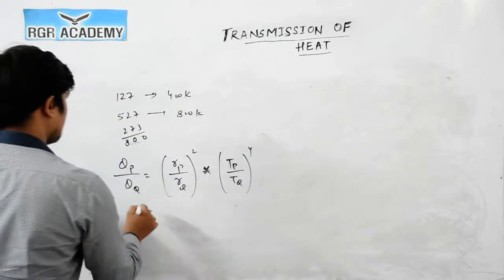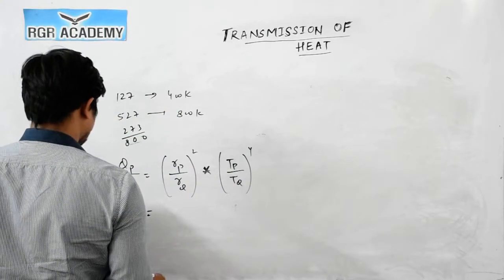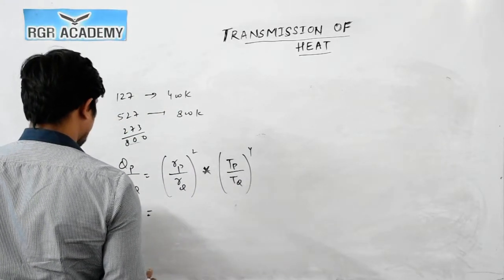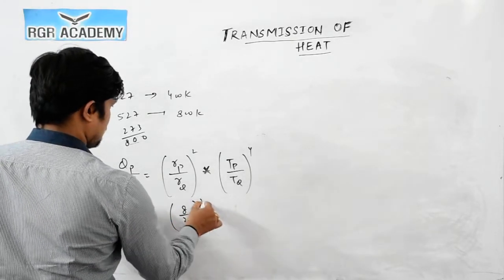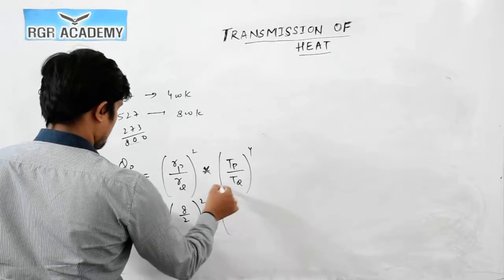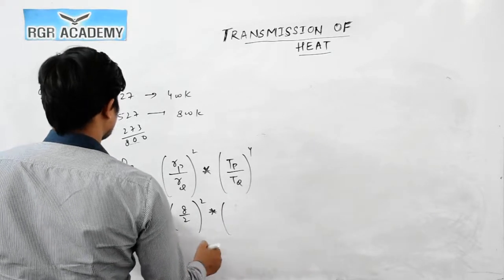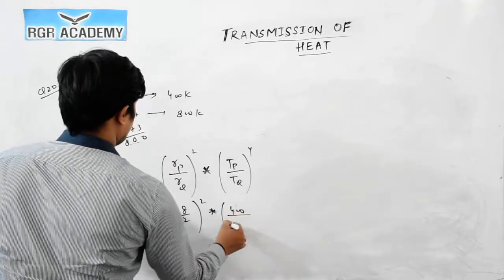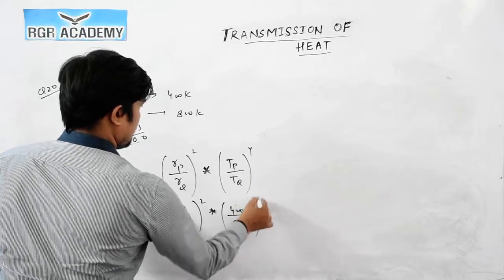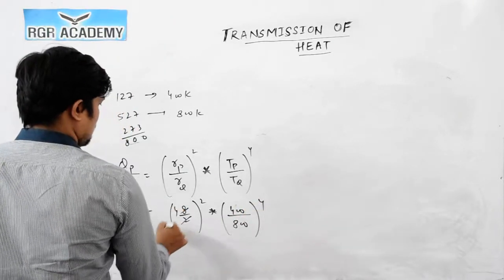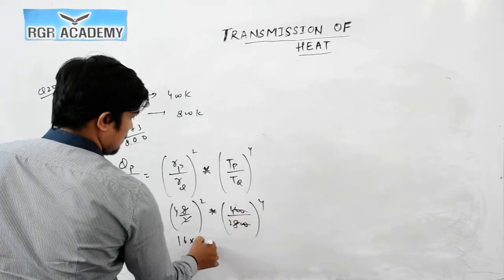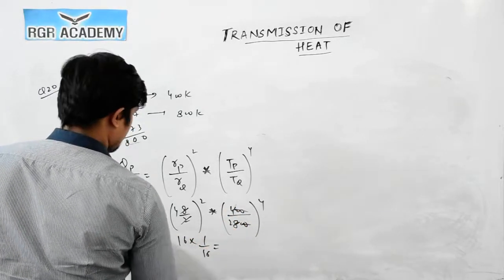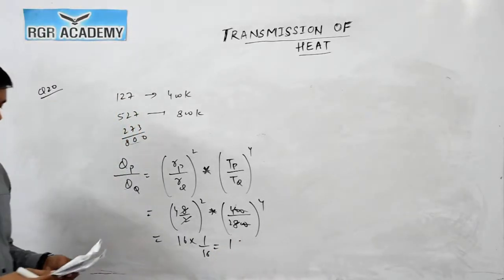So this will be equal to 8 by 2 square into 400 by 800 to the power 4. So this will become 16 into 1 by 16. So the answer is 1. Okay, so the ratio will be 1.